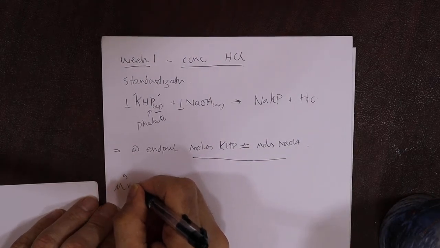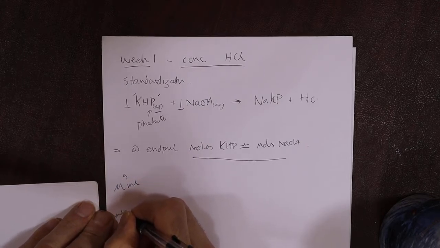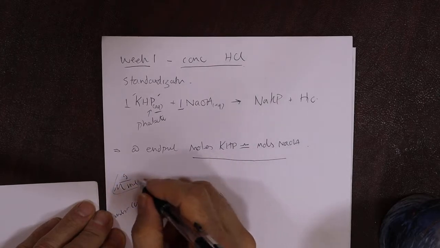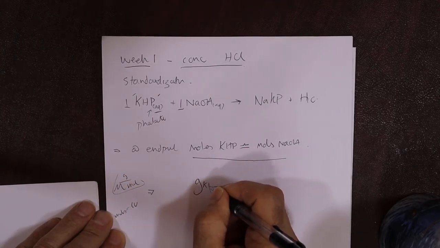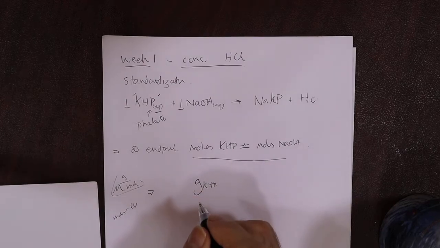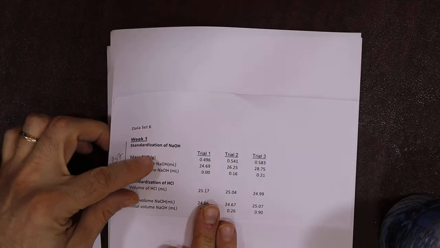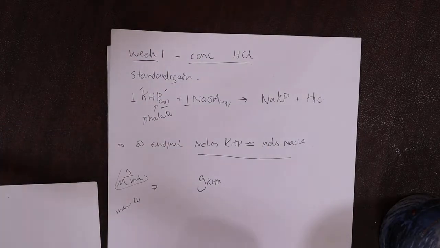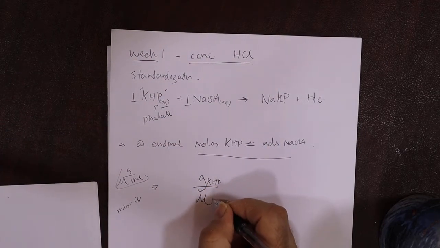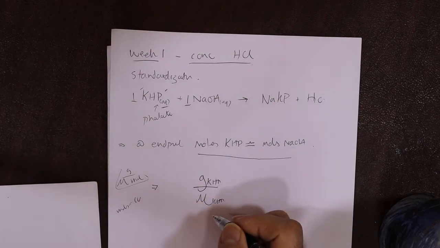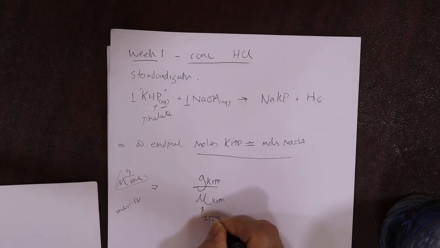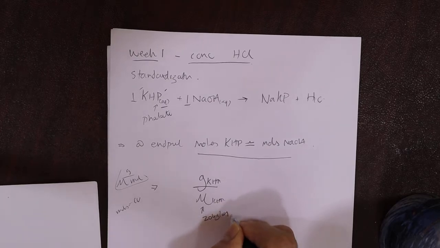Molecular weight, grams, moles equals CV. Therefore, grams KHP, which if I get back over here, this number, divided by molecular weight KHP. Double check that, it's actually 204 grams per mole if memory serves.